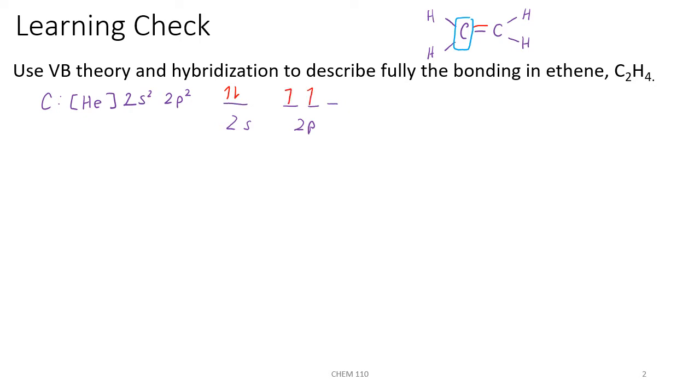So remember, it looks like carbon can form 2 bonds. But how many bonds is carbon actually forming in our structure for ethene? If we just use the boxed in blue carbon as our central atom, how many domains are around that carbon? How many bonds does it have to it? So it has one bond to hydrogen, another bond to the other hydrogen, and then it has a bond to this whole CH2 group.